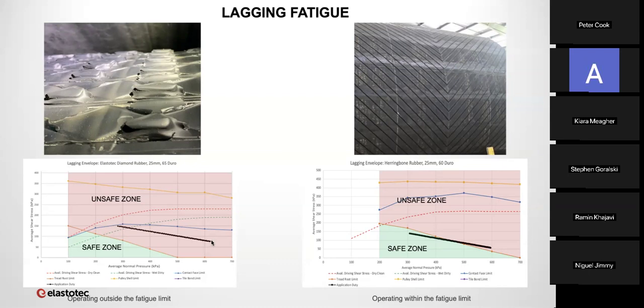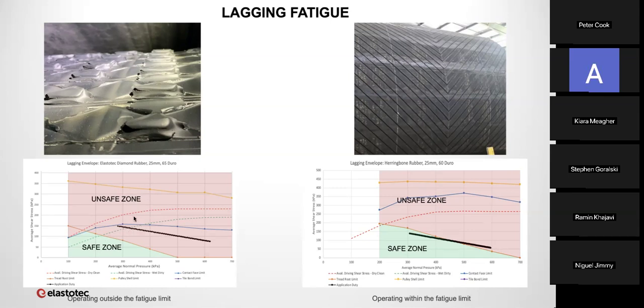This is where the belt first contacts the lagging, and this is the exit point over here. The orange line is the tread root limit. You can see the operational black line is well above the tread root limit, which is telling us that this lagging is going to fail due to fatigue. Fatigue at the tread root limit, that's exactly what happened.